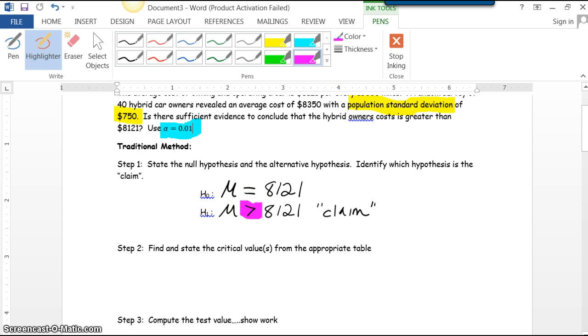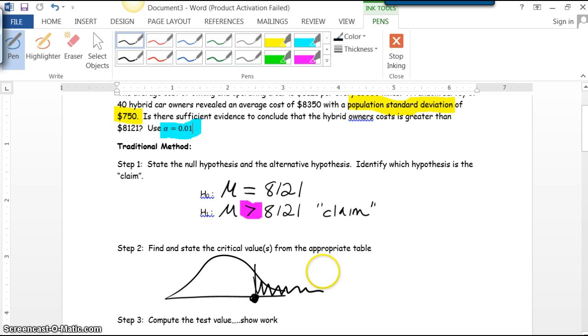When you see the greater than symbol here, then we know that there is only one critical value and one critical region, and it's on the right side. So critical value goes right here, critical region going this direction. The alpha, the significance level, goes all that direction.